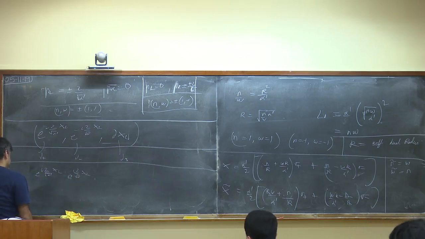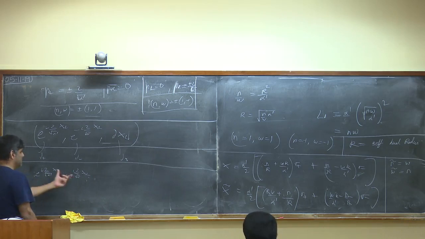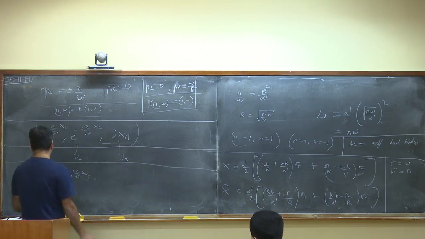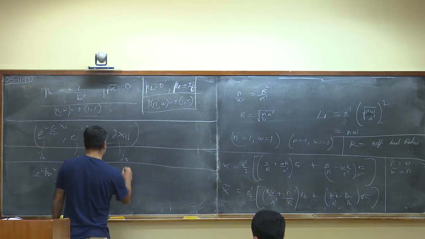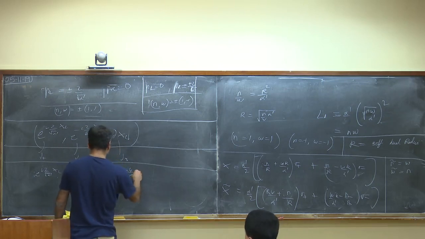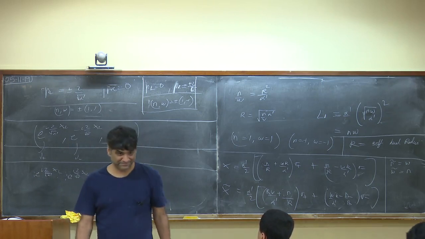Now let us remember this was normal ordered, of course I haven't written that. Normal order this times normal order that. We want to write this as one whole normal ordered object. So when you expand out this thing, it will be this times the 2-point function, so e to the power minus, because of the I squared, 4 by alpha prime, because of the 2 by square root alpha prime, times the 2-point function of XL with XL.